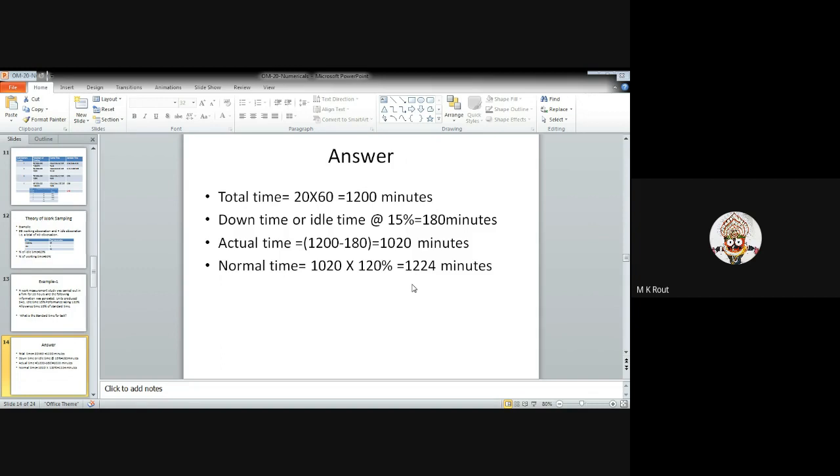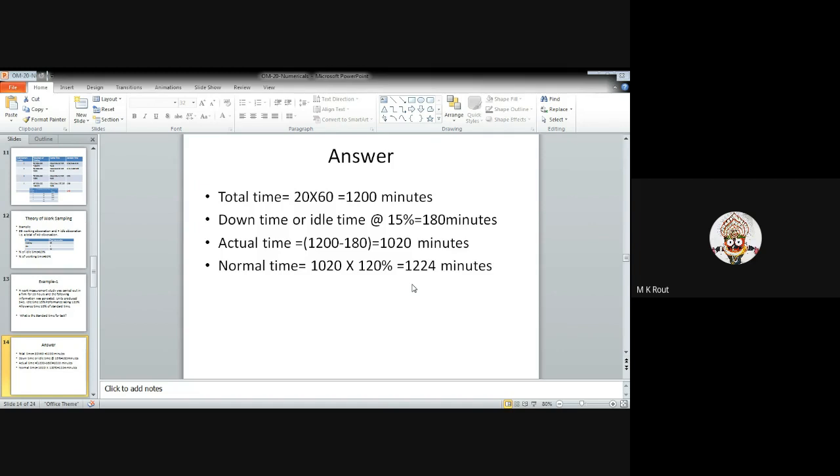As I told in the previous slide, every time you have two types of state: one is working state, another is idle state. In the idle state, the machine is in idle condition, there is no particular work, also known as non-working condition.